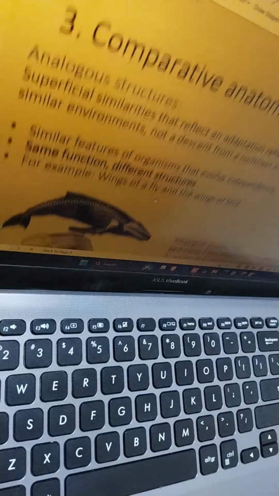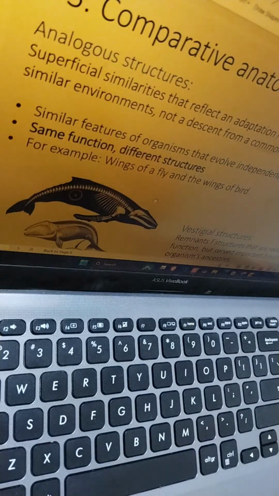Then analogous. What are analogous structures? Same functions but different structures. These are superficial similarities that reflect adaptation to a similar environment, not descent from a common ancestor.